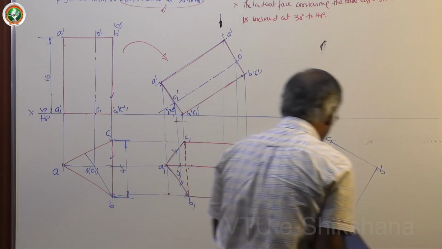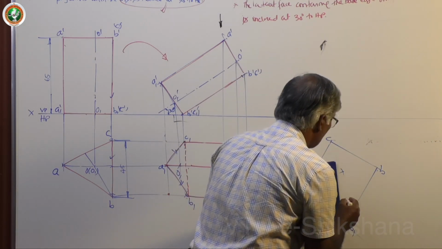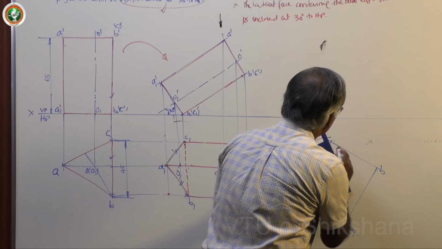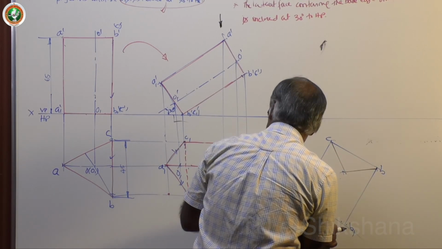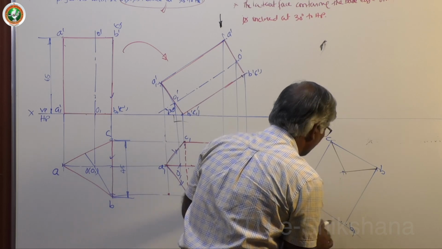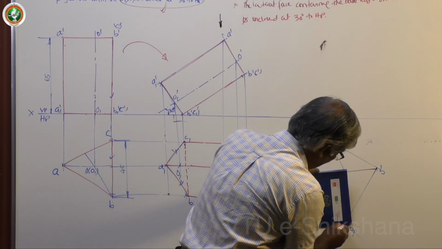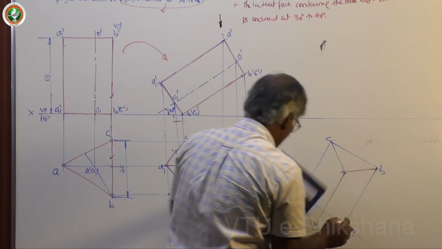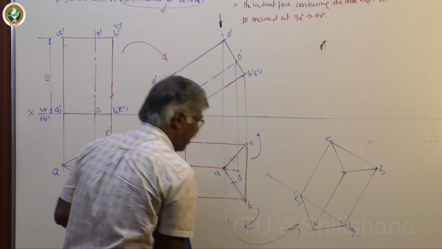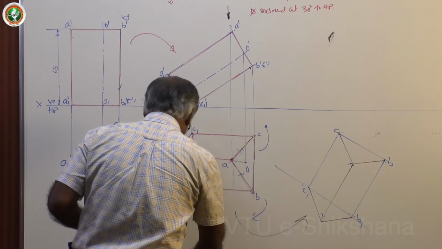Now what I do is, I will try to redraw it. Use arc method to complete this. So I have redrawn this figure such that B1 C1 is inclined at 45 degree.